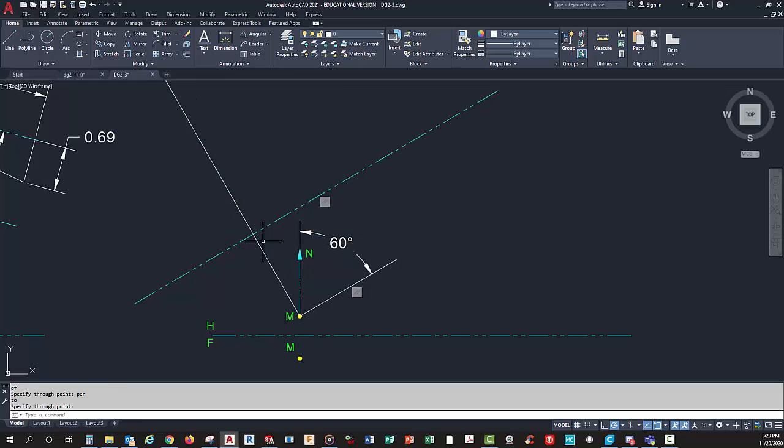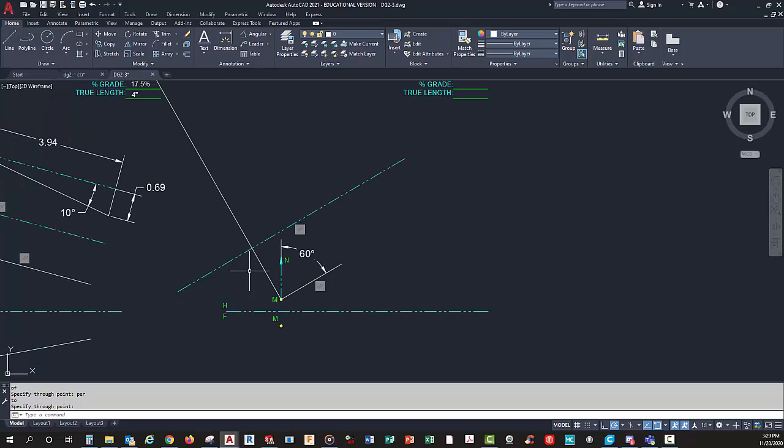So remember, this line is always perpendicular to your fold line. Okay, and then how do I figure out where M is up here? I measure down here because this is the view I'm projecting from. I'm projecting into this one, so I come back over here to measure from this one.